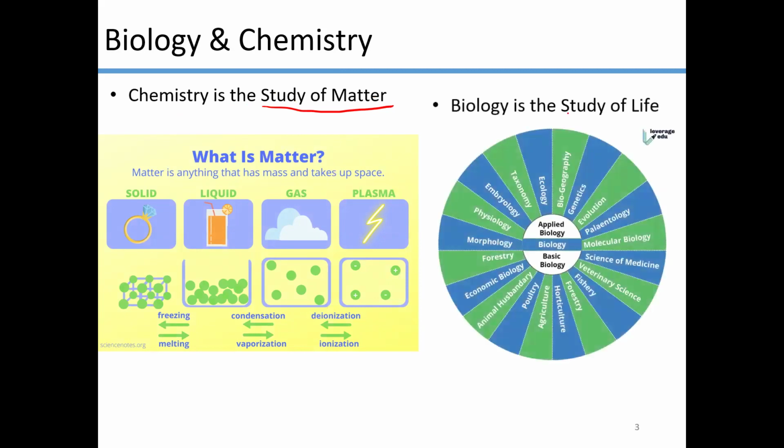And when it comes to biology, it's all about the study of life. So these are naturally going to go hand in hand because, again, everything is made up of matter. Life is composed of matter.